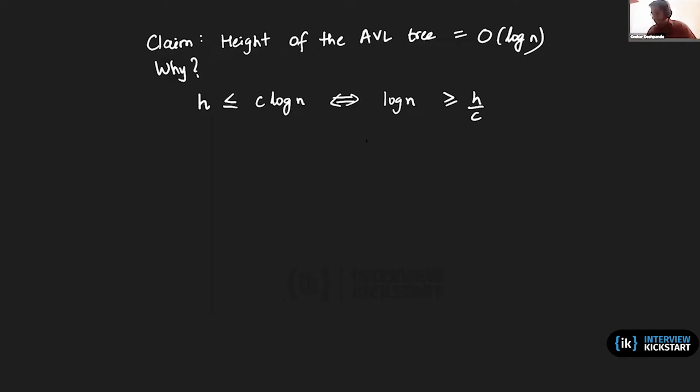Now if we raise both the left and right sides to the power of 2, 2 to the power log n is greater than or equal to 2 to the power h by c.